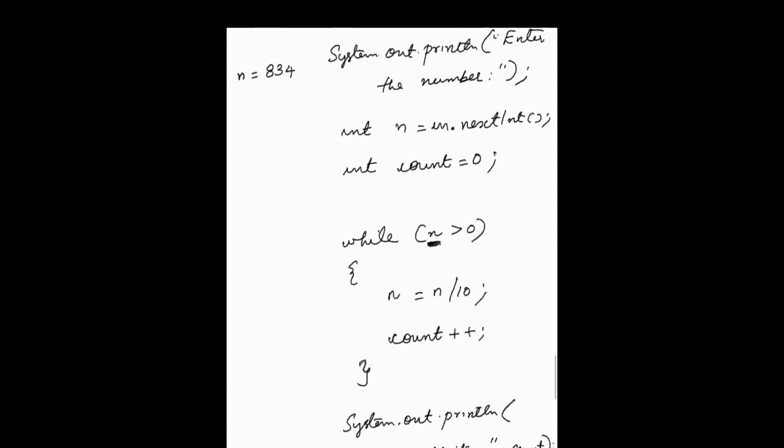Assuming that n you have inputted as 834, and count is initially initialized to 0. Now, while n greater than 0, is 834 bigger than 0? It is bigger than 0, right? Since it is bigger than 0, you will write n equal to n by 10. n by 10 means 834 divided by 10.